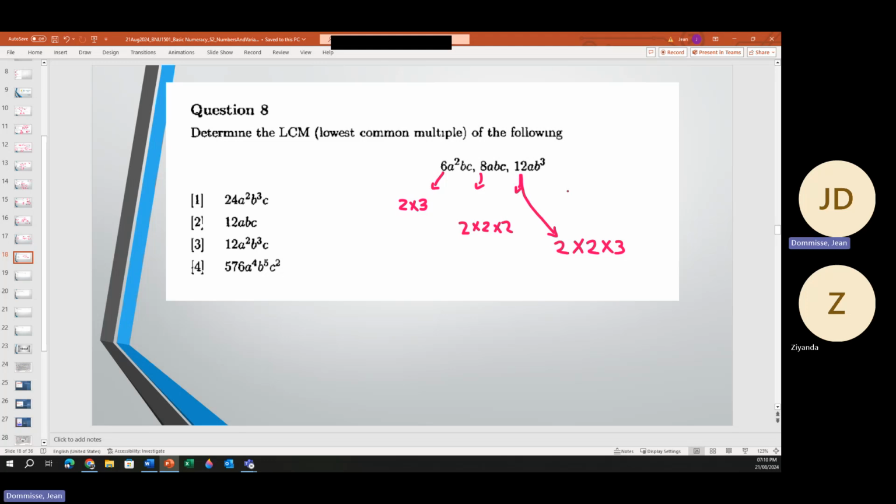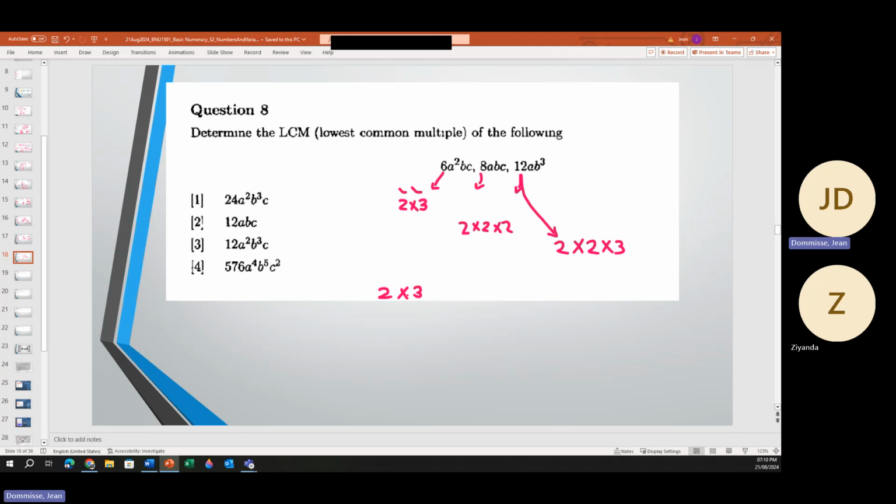So now I'm looking at just the numbers, and in my lowest common multiple, all of these numbers need to be represented. So my lowest common multiple needs to take into account the 2 times 3. Okay, so that is checked.